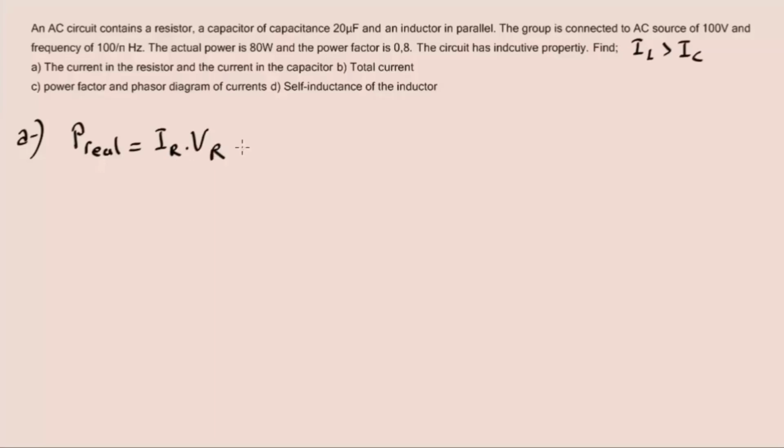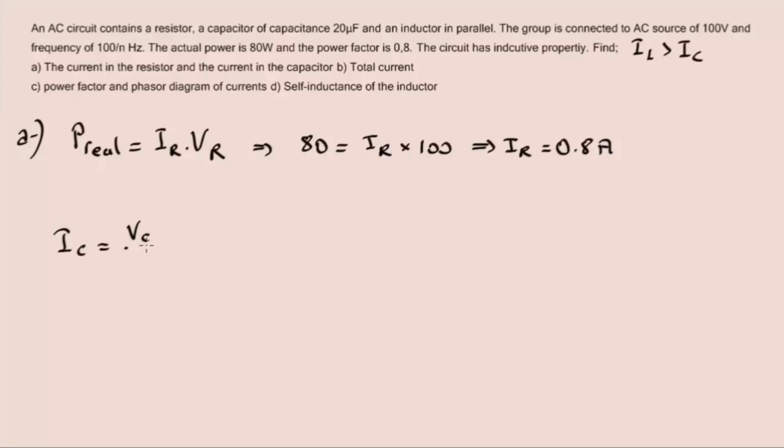This is a parallel combination, so the potential differences are the same. P real is 80, VR is 100. So IR is going to be 0.8 ampere.